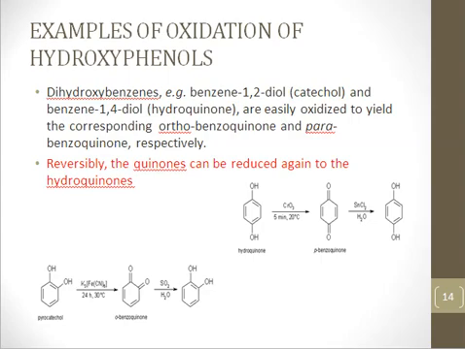Okay, so we have some other reagents which can be used. Suppose we have a dihydroxybenzene, that is, this hydroquinone or this catechol. We can convert this hydroquinone into quinone simply by using chromic oxide. You can see just in 5 minutes at room temperature, we can convert this dihydroxybenzene into quinone. So the reaction is very fast.